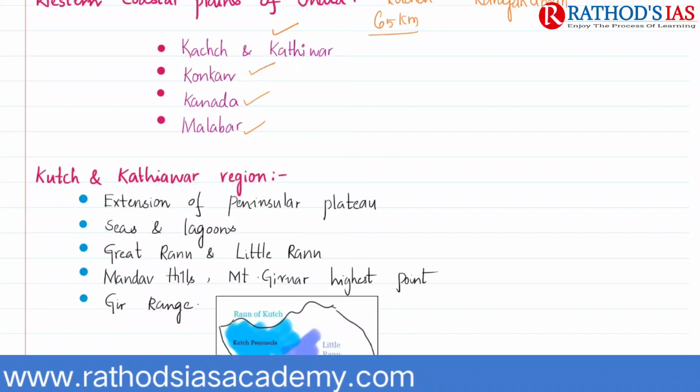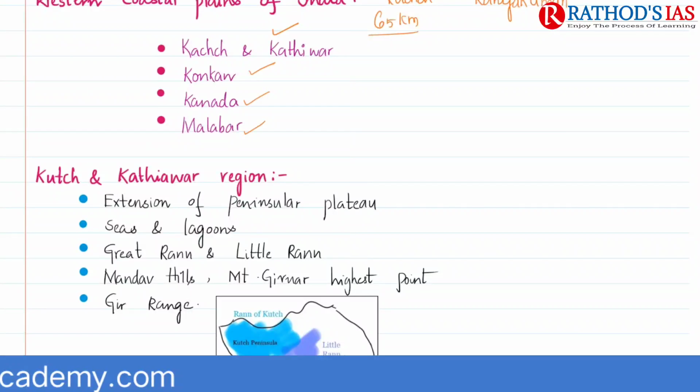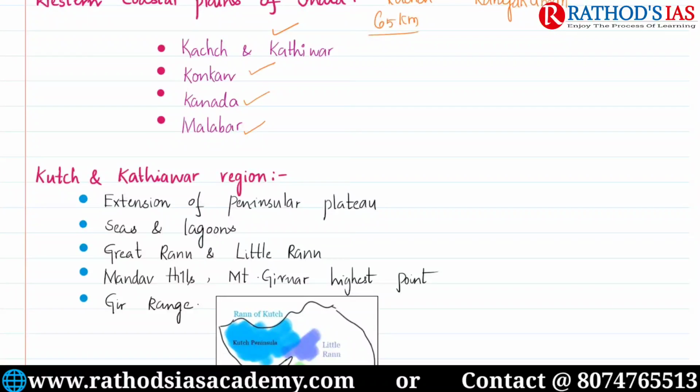So first one is Kutch and Kathiawar coast. This Kutch and Kathiawar coast is called an extension of the peninsular plateau, because Kathiawar is made up of Deccan lava.